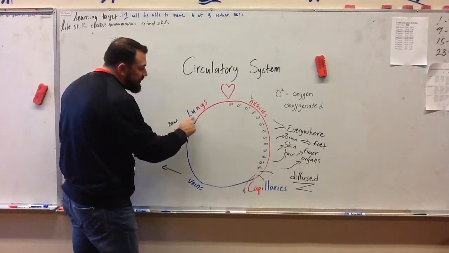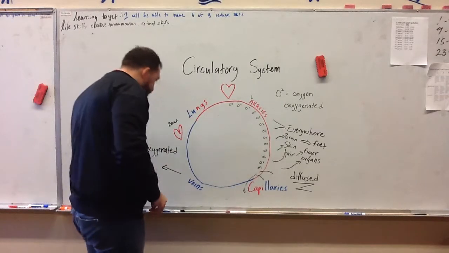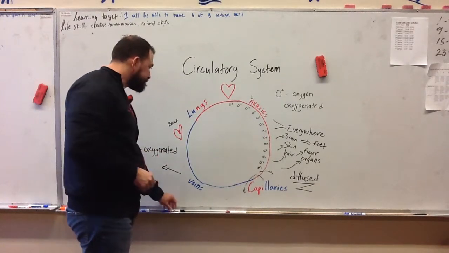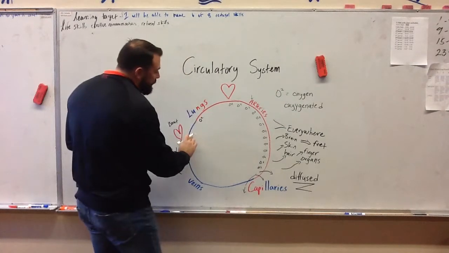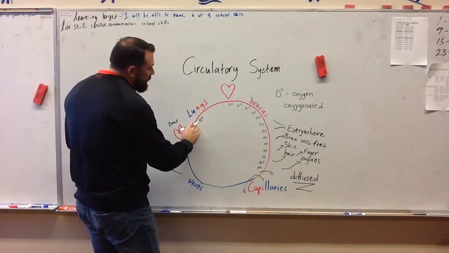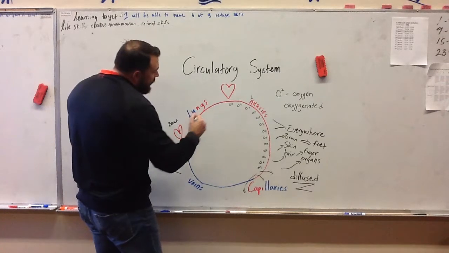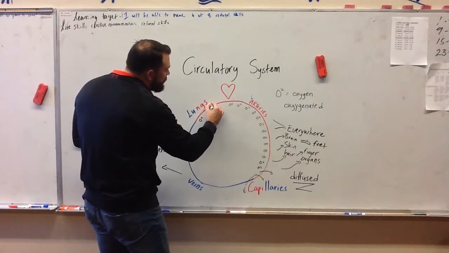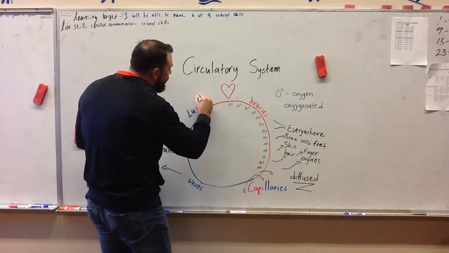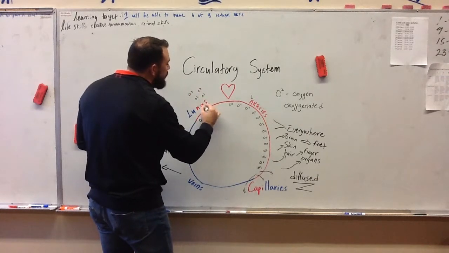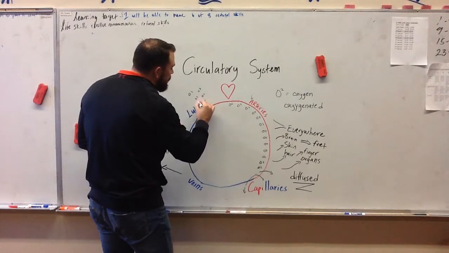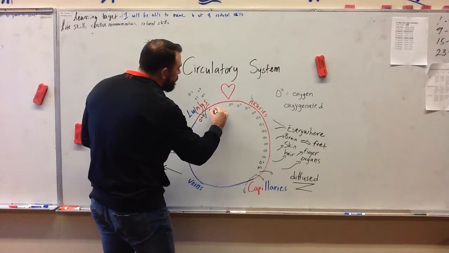Then your blood flows to the lungs, and take a guess what we pick up there. Oxygen. So we have the blue blood coming in, but the moment we reach our lungs, we actually start to diffuse oxygen in. So if this is my lungs and I just took a big breath of oxygen, it's going to diffuse into my bloodstream.